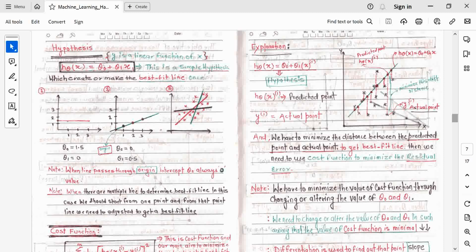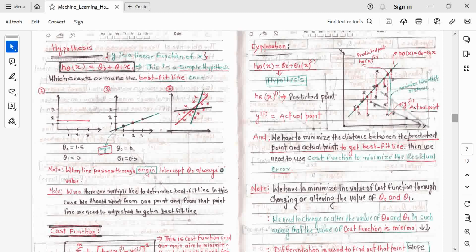We have two kinds of points: the first is the actual points, y to the power i, and the other is the predicted points. Between the predicted points and the actual points come the residual errors, and the residual error must be minimal to get a best fit line.